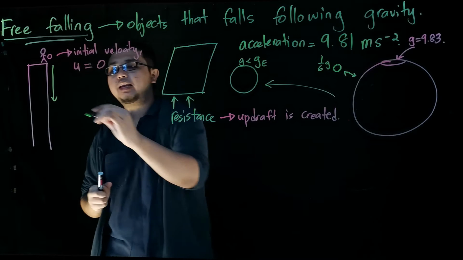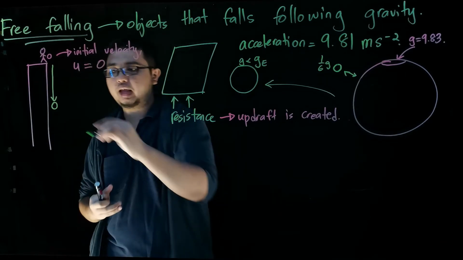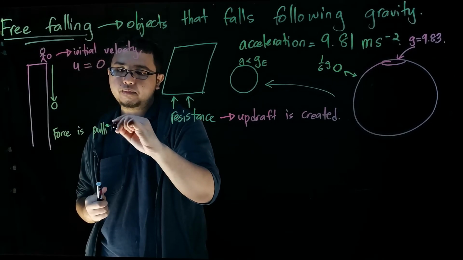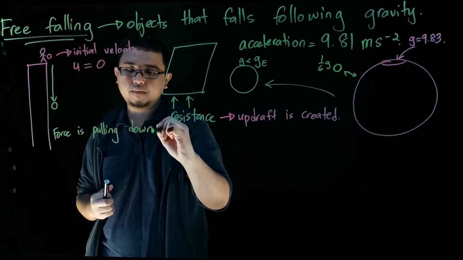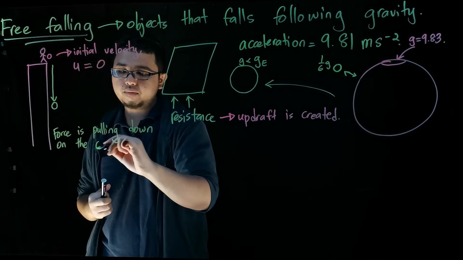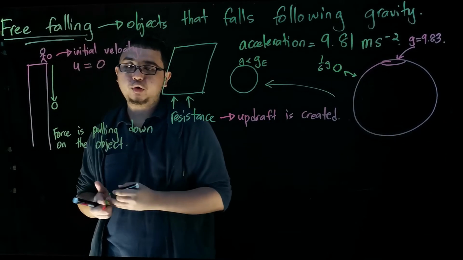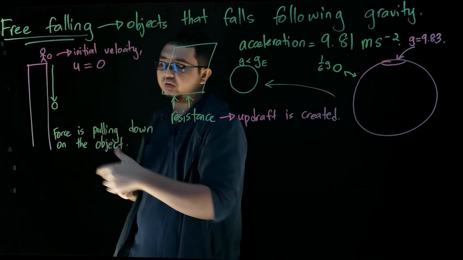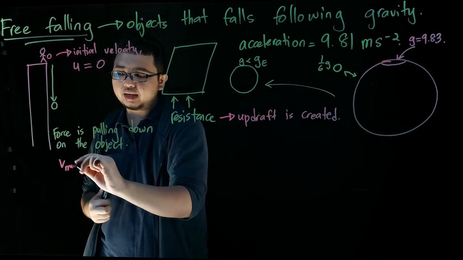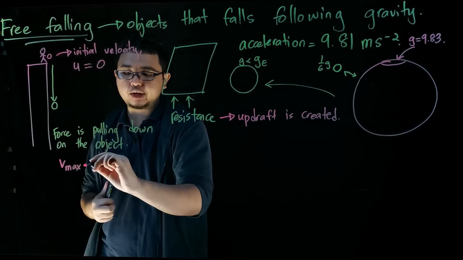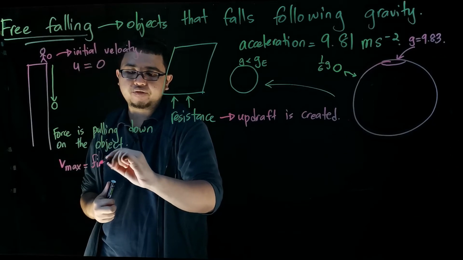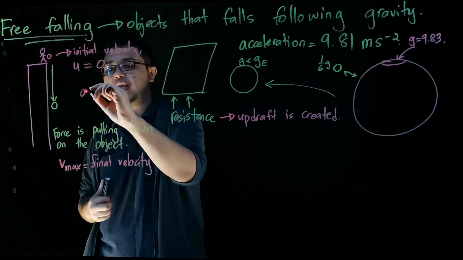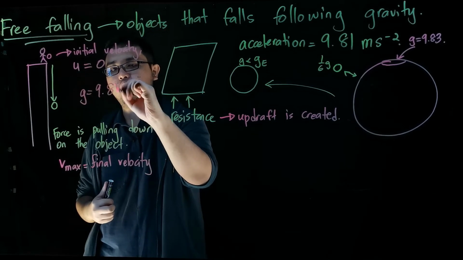This gravity is a force, and this force is pulling down. So, as the object moves from the first position to the final position, the V here will eventually reach the maximum value, which we put as the final velocity. And you must remember, your gravity is constant at 9.81.